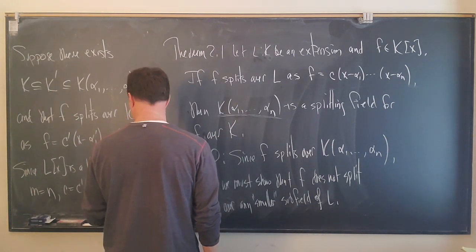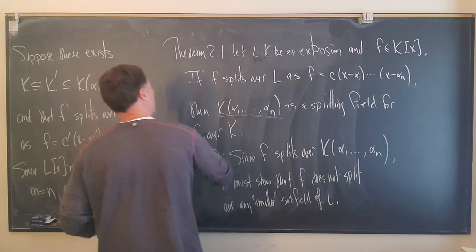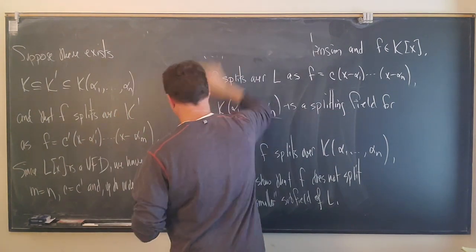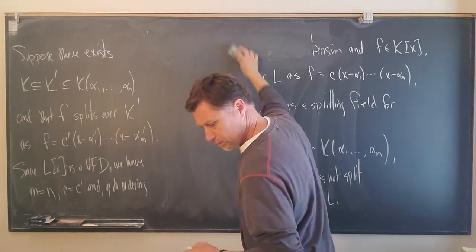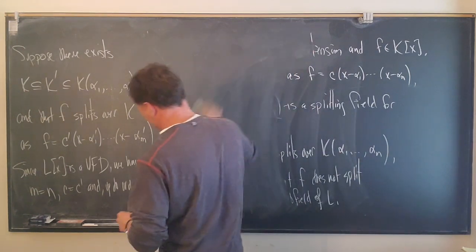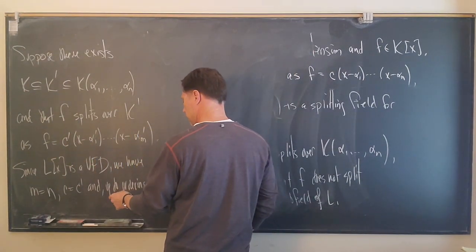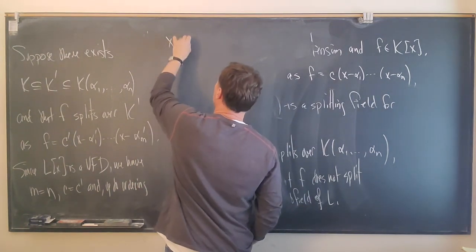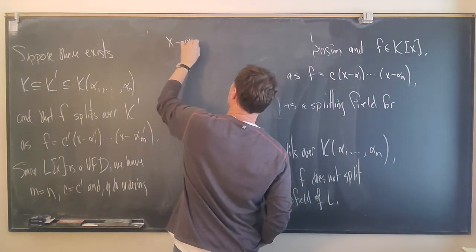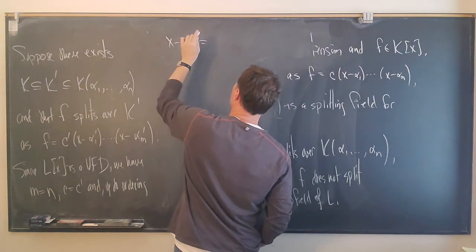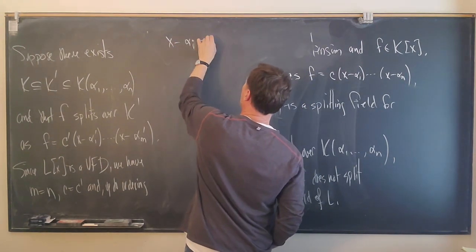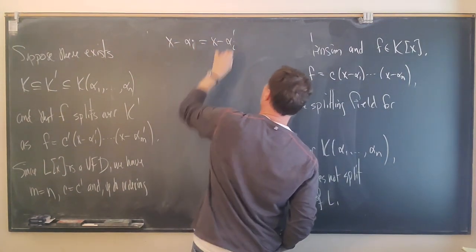Well, let's say it like this, alpha, up to ordering. Each of the x minus alpha i's has to equal an x minus alpha i prime. So up to ordering, x minus alpha i equals x minus alpha i prime.